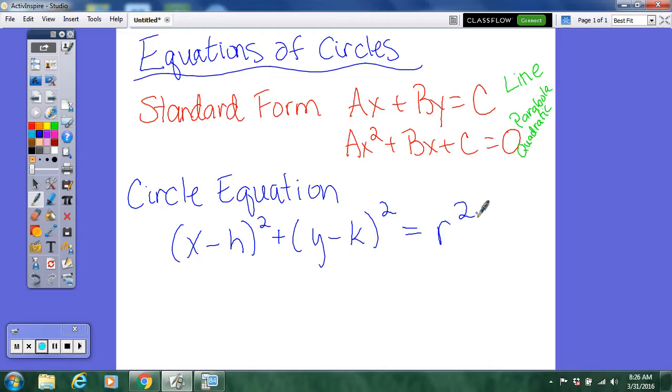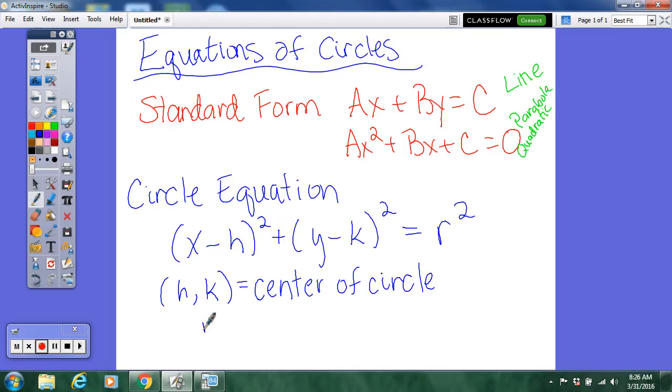So that's your standard form for a circle. (h, k) is the center of the circle. It's a point. The center of the circle. And r is the radius.